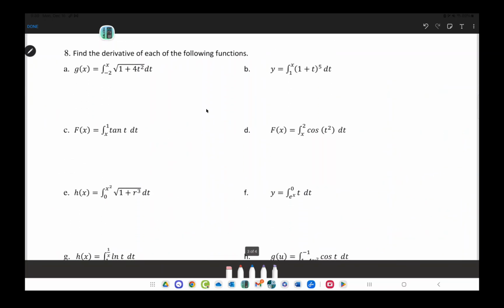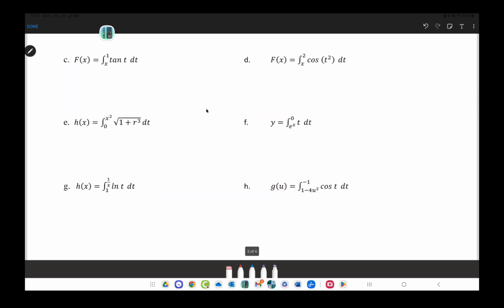For some reason, these should be honestly very simple. You just replace t with x. If your x is in your lower bound, you make the function negative. If your bound is a function, like you have with g and h, or e through h, you have to do the chain rule.